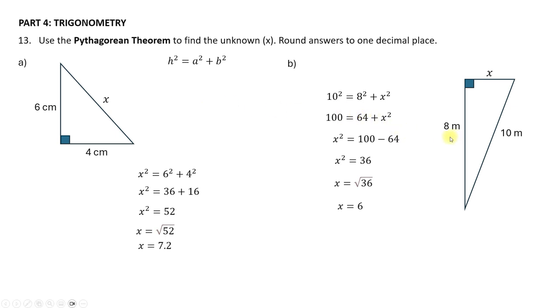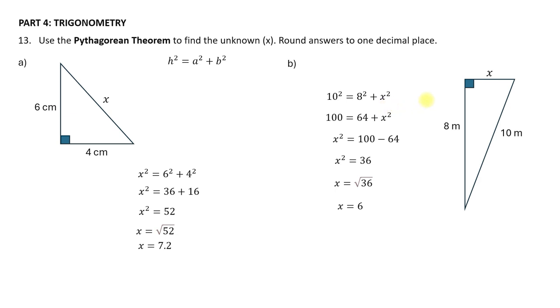Here, we're given one side and we're given the hypotenuse. So the hypotenuse is h. So we can say that 10 squared equals 8 squared plus x squared. And then we'll solve for x. 100 equals 64 plus x squared.